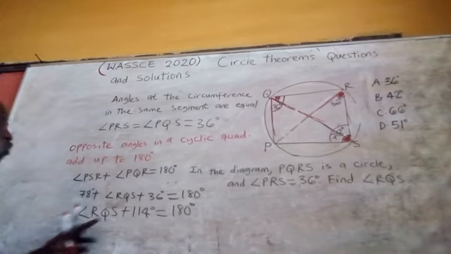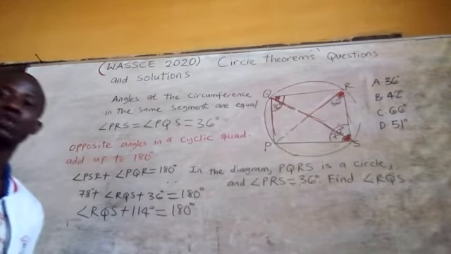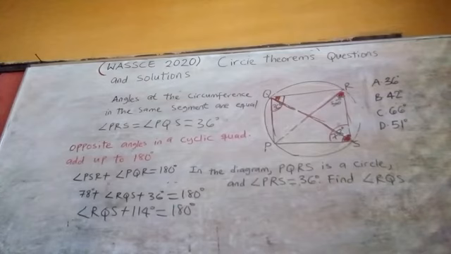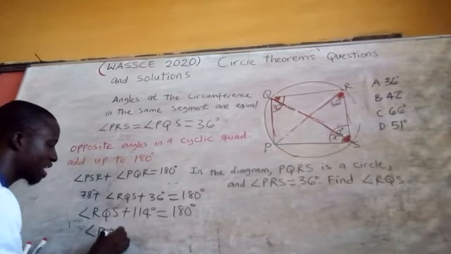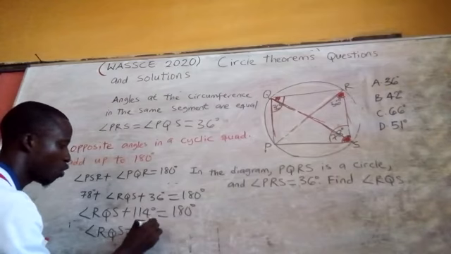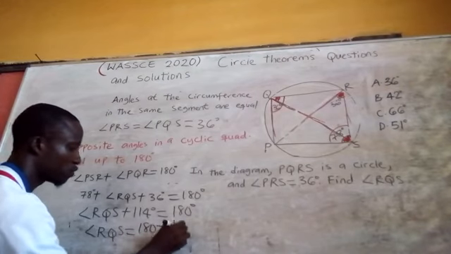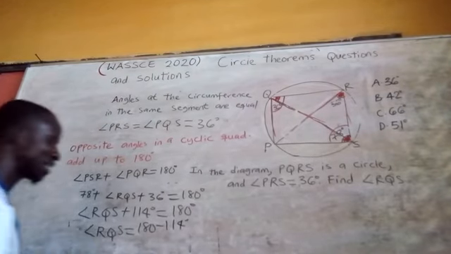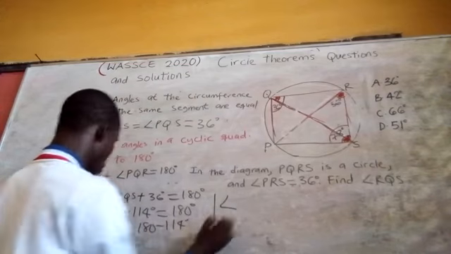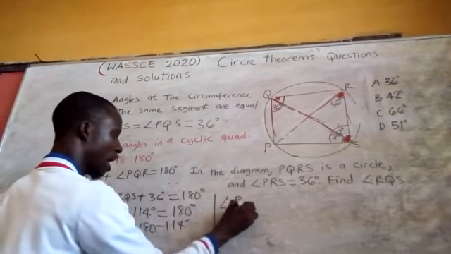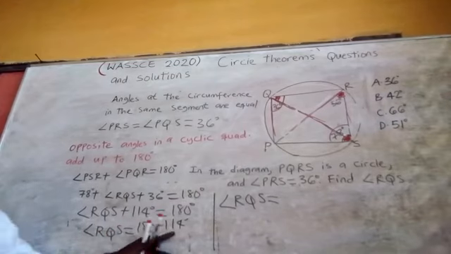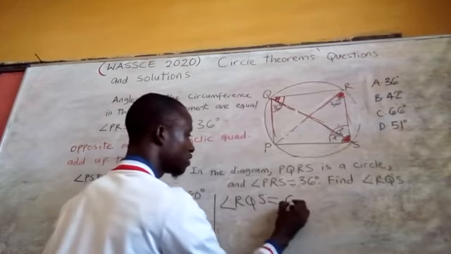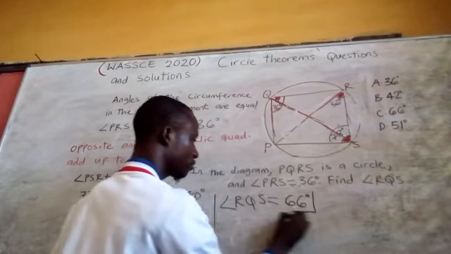So we can send 114 across, the sign changes from positive to negative. So we can see that angle RQS will be equal to 180 minus 114. So angle RQS is equal to 180 minus 114, which gives us 66 degrees.